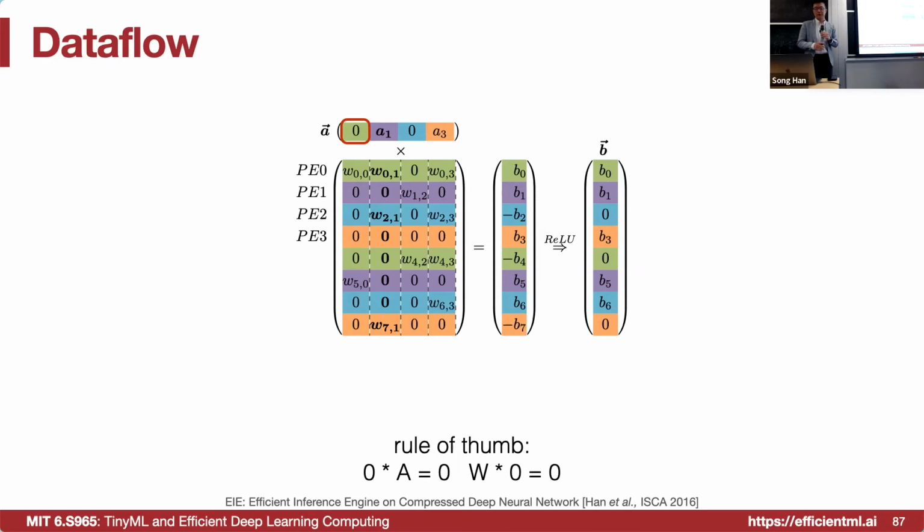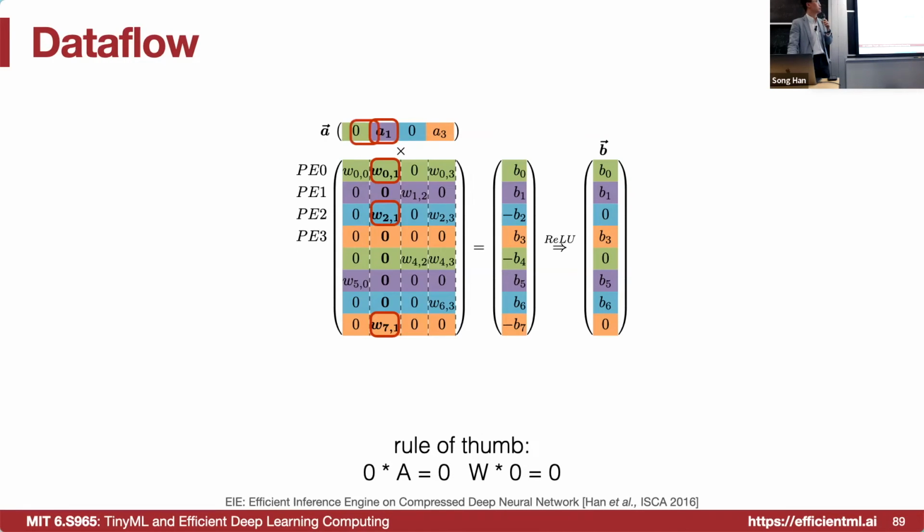Okay, so the data flow to ignore 0 is like this. We start with the activation. We observe whether the input is 0. If it's 0, then we skip that. If it is non-zero, like A1, then we broadcast this non-zero activation to all the different PEs.